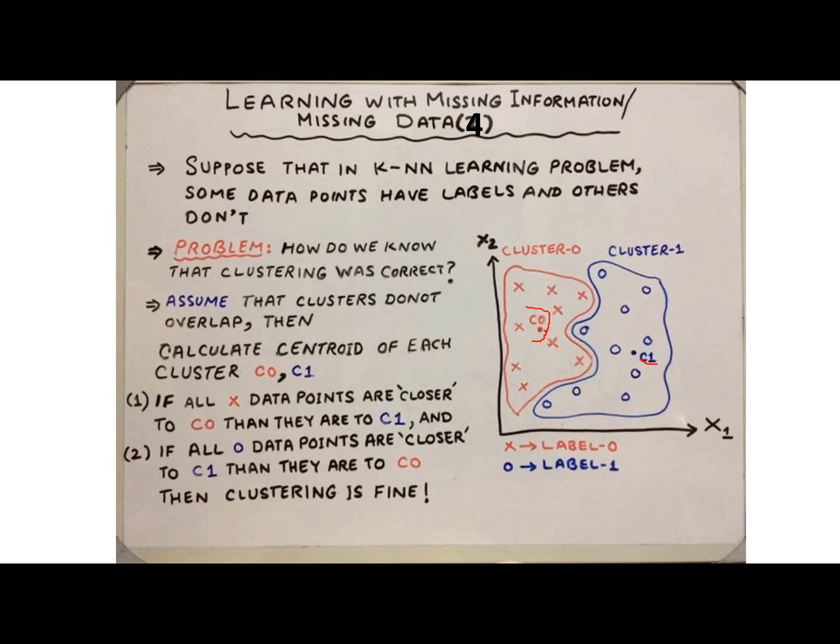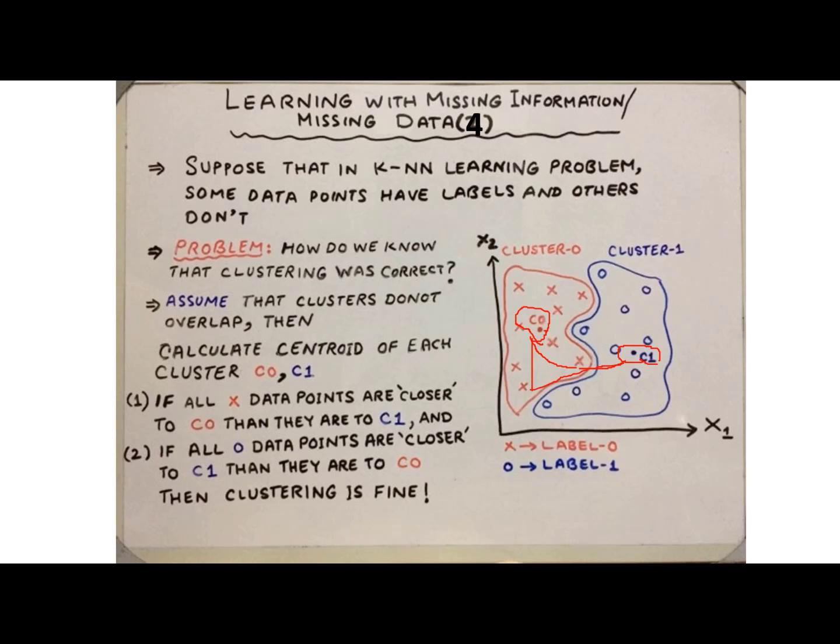C0 is the centroid of cluster 0, and C1 is the centroid of cluster 1. Then if the clustering is correct, all the crosses should be closer to centroid C0 than they are to the centroid C1. So any cross should be closer to C0 than it is to C1.